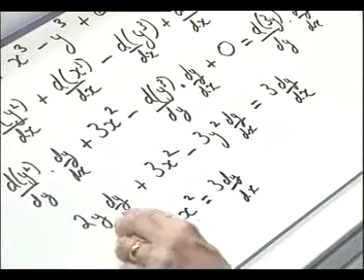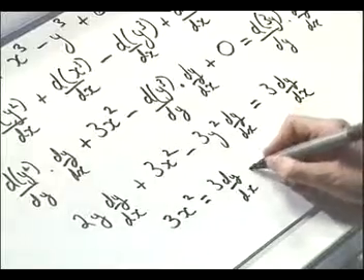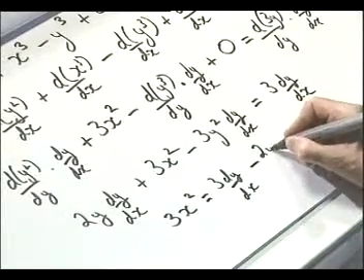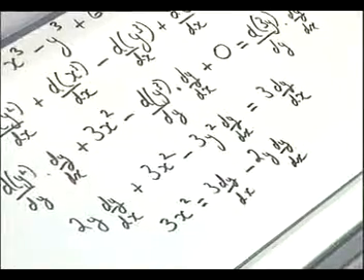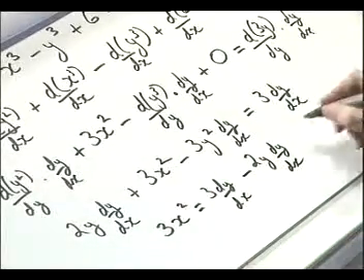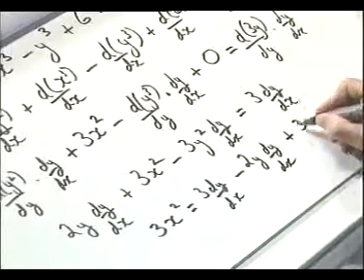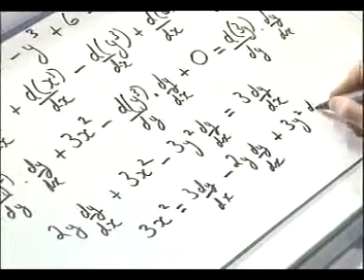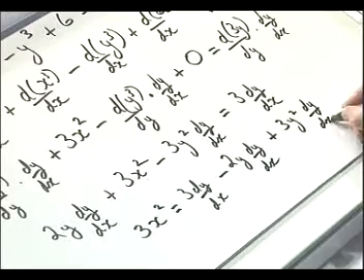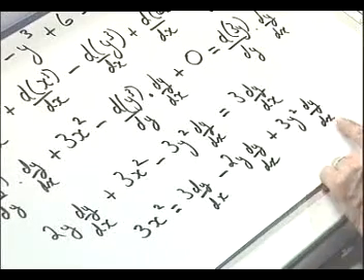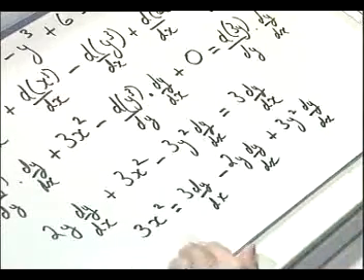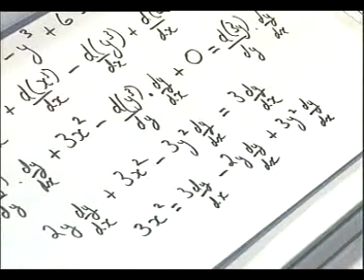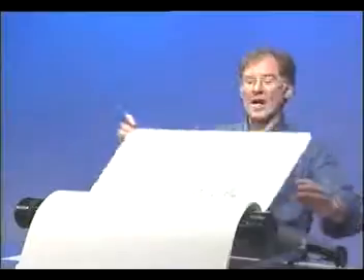I'm going to take this away from each side, so that's minus 2y dy by dx, and I'm going to add this term to both sides, plus 3y squared dy by dx. And what I can see here is that I've got a common factor of dy by dx that I can take out. So that's what we're going to do next.